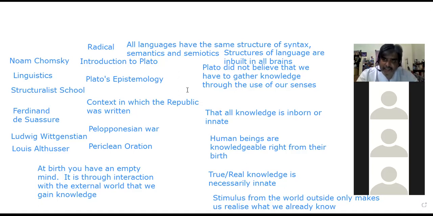It's just the inflections of words that is different. But the syntax, semantics, and semiotic part is similarity. And since it is very similar, what happens is that we end up learning many languages.